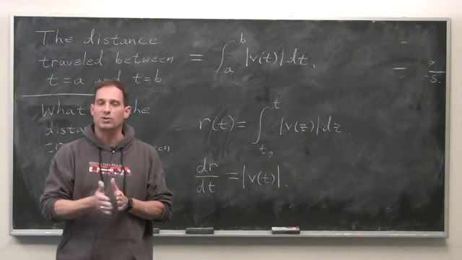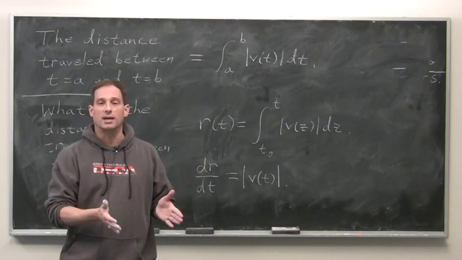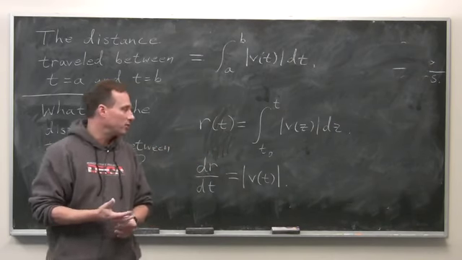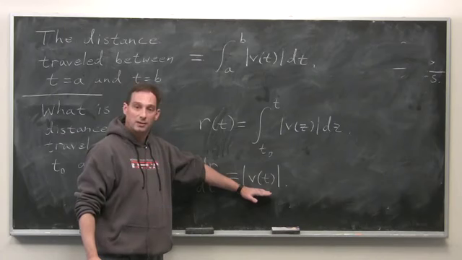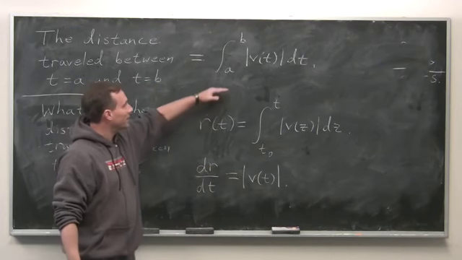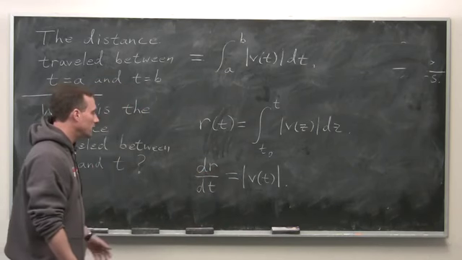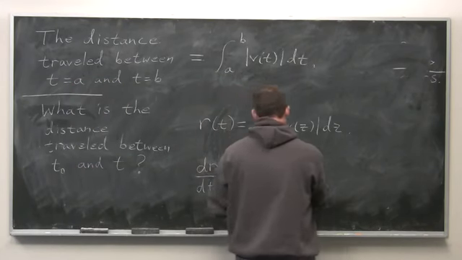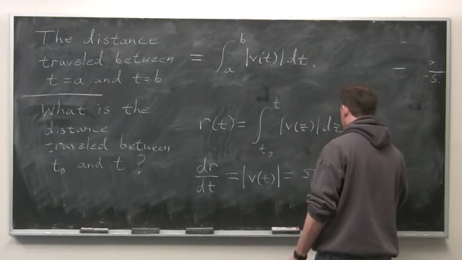For motion in a straight line, the instantaneous speed is just the absolute value of the instantaneous velocity. So this quantity is the speed, and what you're integrating here is the speed. And what this says is you can define the speed in two different ways. So this is the speed of the object, instantaneous speed.